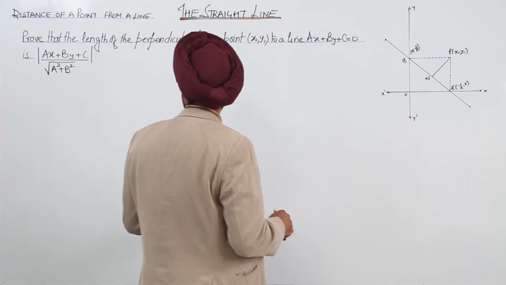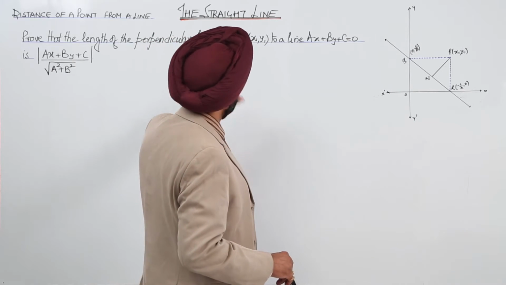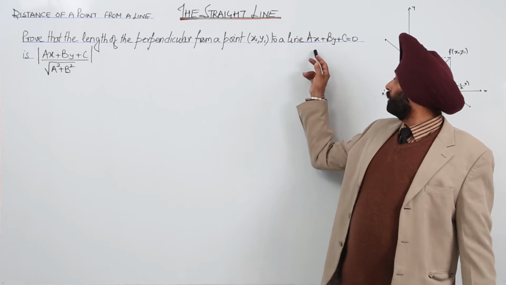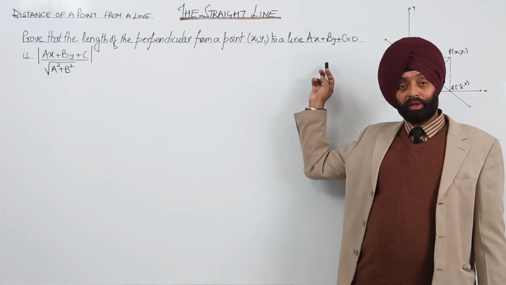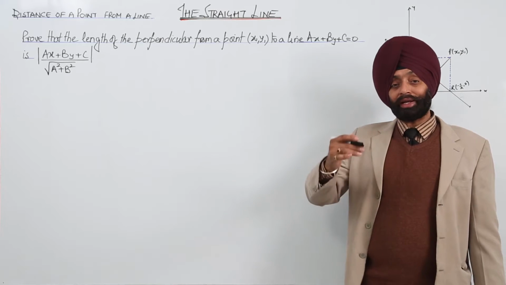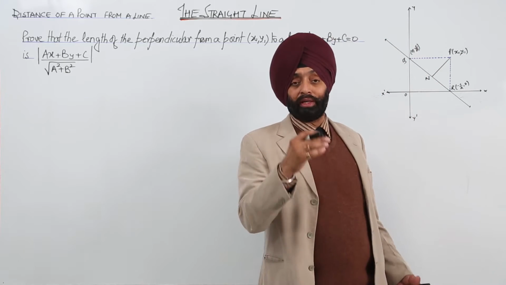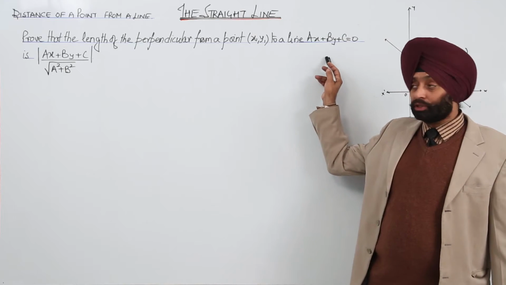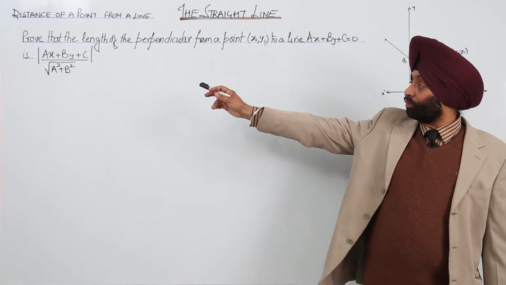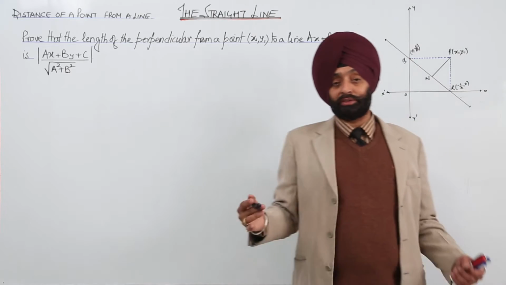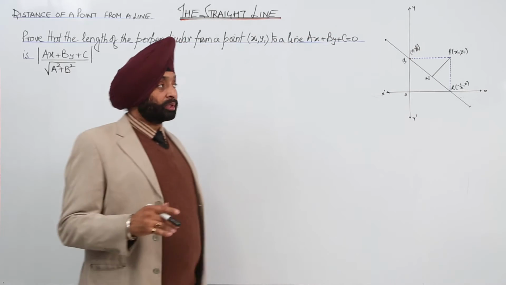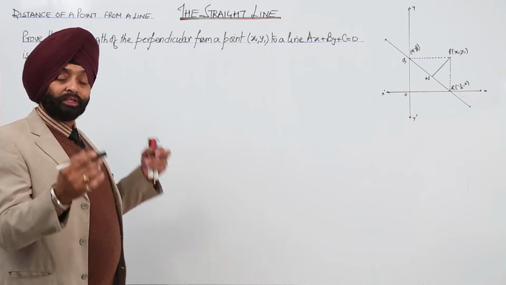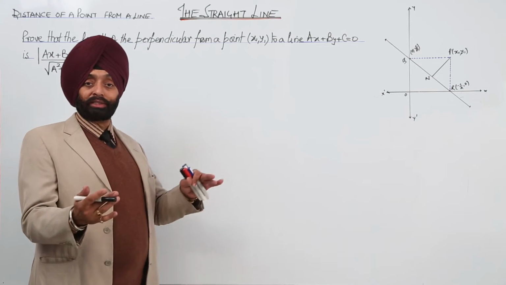So we have to prove that the length of the perpendicular from a point P (x1, y1) to a line, whose equation is given in the general form, you can write it in the form of small a, small b and small c also, in the line ax plus by plus c is equal to 0, is this formula which I have written, and we have to prove that this is the formula. And remember, this is a very important thing we are going to discuss in many chapters, in this class also, in the next class also.